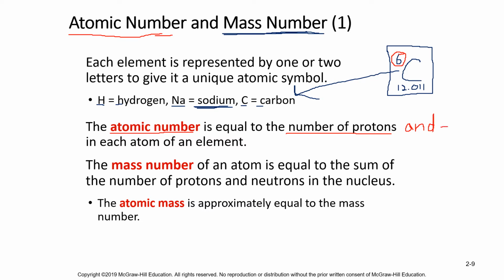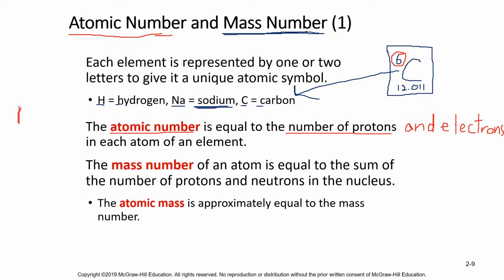And so in general, these atoms are balanced, so the number of protons equals the number of electrons. So that atomic number will always tell you the number of protons. It also often tells you the number of electrons.